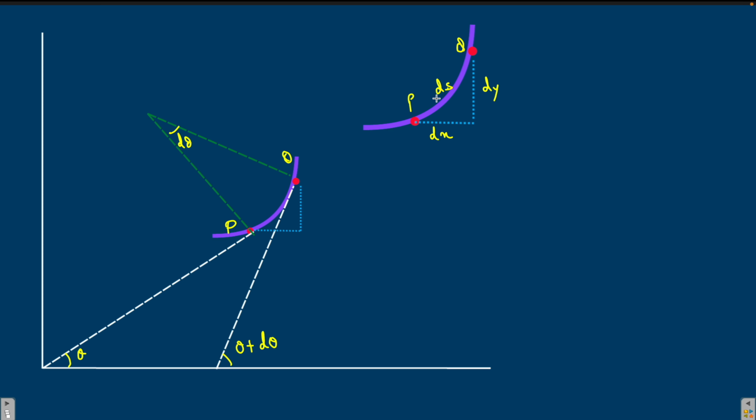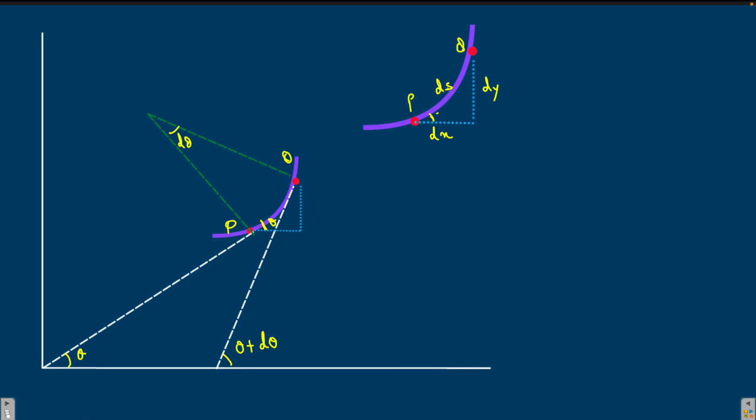Now, since the arc is very small, we can consider it as almost a straight line. Now this angle is theta, so this angle is also going to be theta if we consider the PQ arc as a straight line.